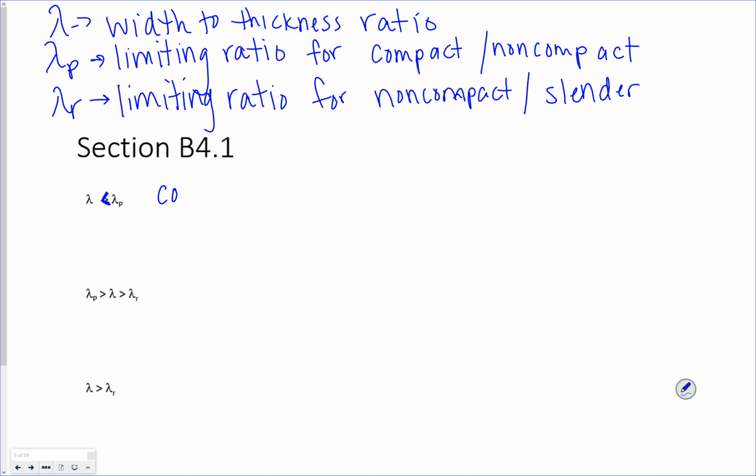That means it's a lot thicker compared, a lower one means you either have a smaller width or a bigger thickness. Then my element is compact. And that means that I reach my plastic moment, Mp, before any local buckling occurs.